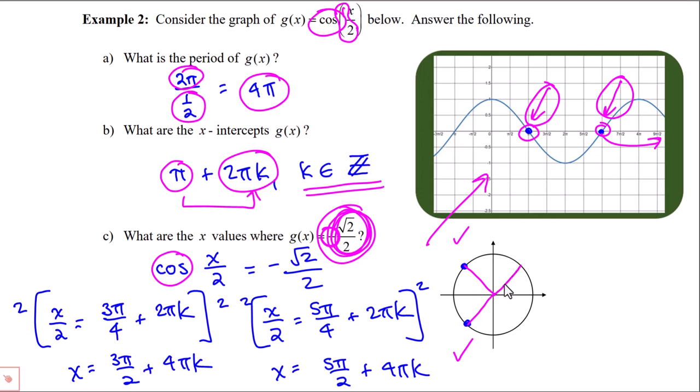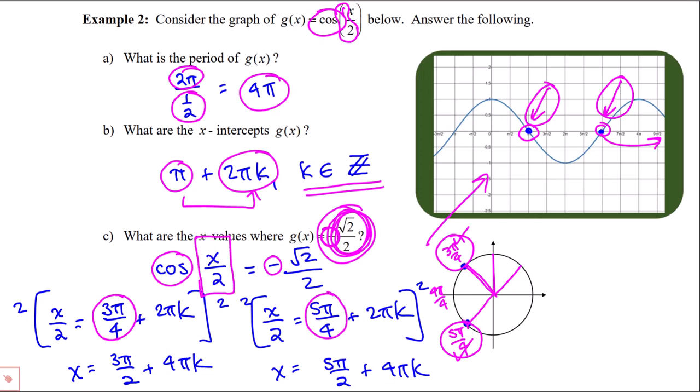So 1 pi over 4, 2 pi over 4, 3 pi over 4, 4 pi over 4, there's just pi, and so this is 5 pi over 4. So 3 pi over 4 and 5 pi over 4 is when cosine is negative. So there is our 3 pi over 4 and our 5 pi over 4. And this position is the angle, that position. So that position is the 3 pi over 4 and the 5 pi over 4. So I put that position here, and I put that position here.